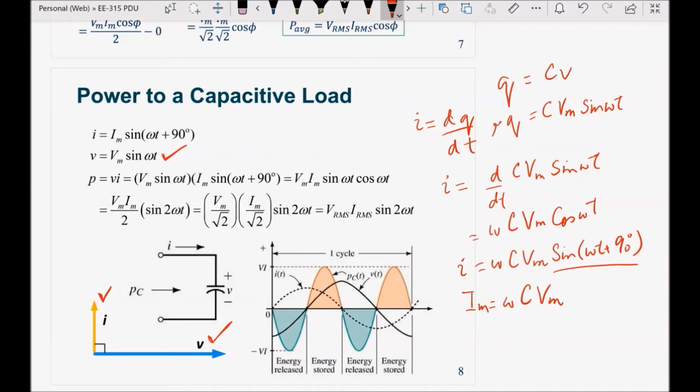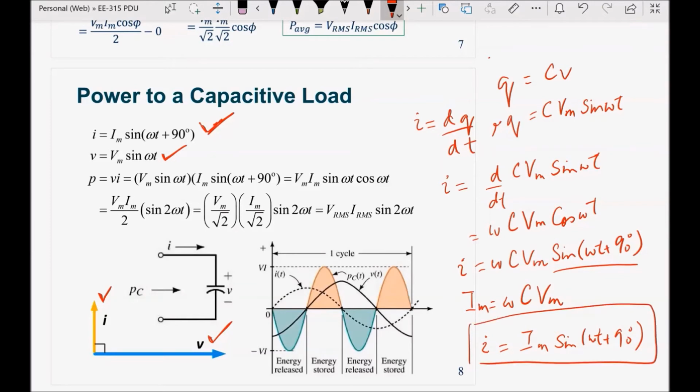Okay, and substituting the value of Vm and Im in the expression on the top here, I becomes Im sin omega t plus 90. Okay, so we just substituted the value of Vm, and this is the final expression of the current.